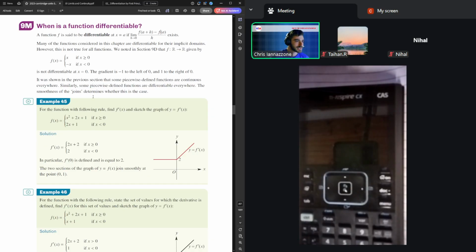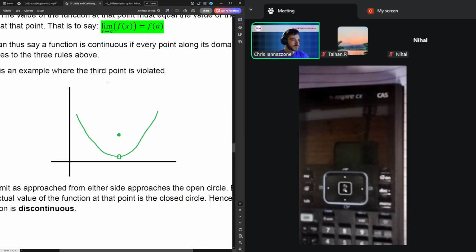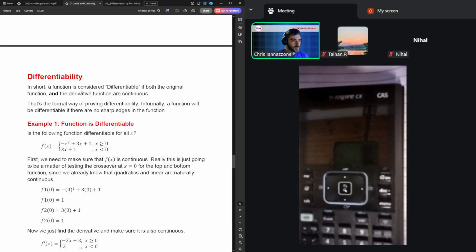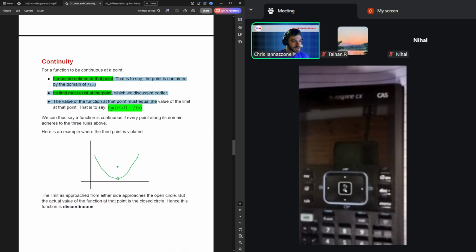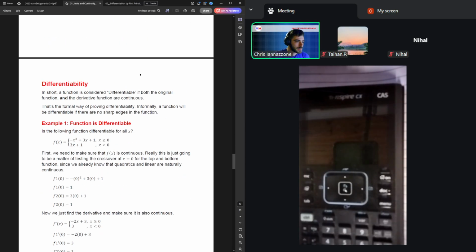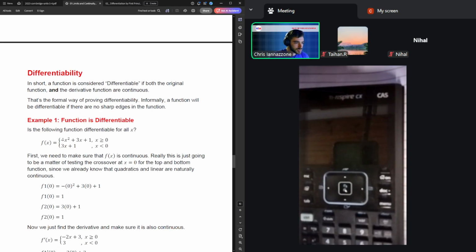So we have much easier ways of going about it, where basically, for a function to be differentiable, all of the criteria of what we looked at for continuity are going to play a role here. Not just for the original function, whatever that is, but also the derivative function as well. So in other words, both derivative and original have to be meeting those 3 criteria.